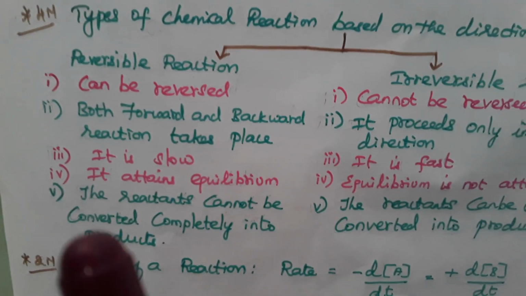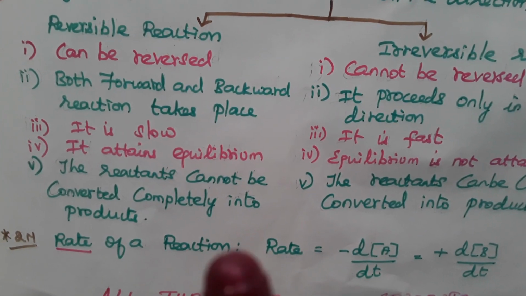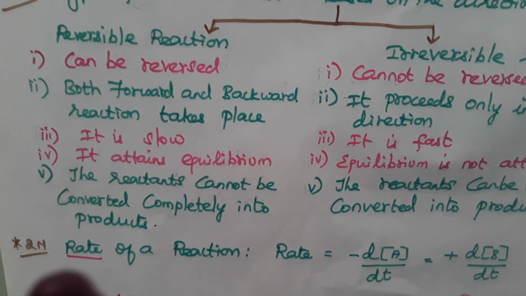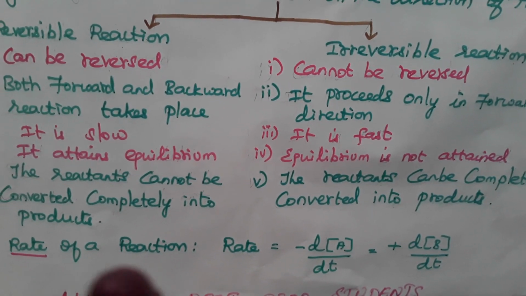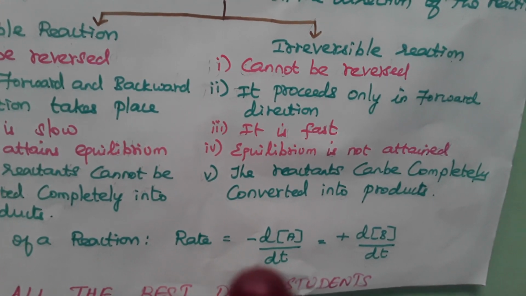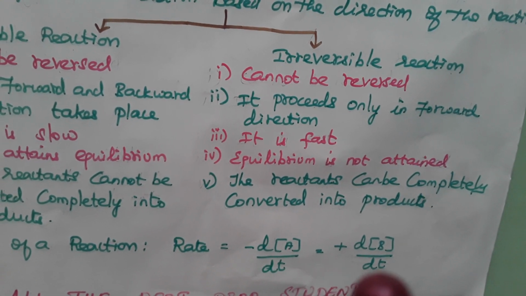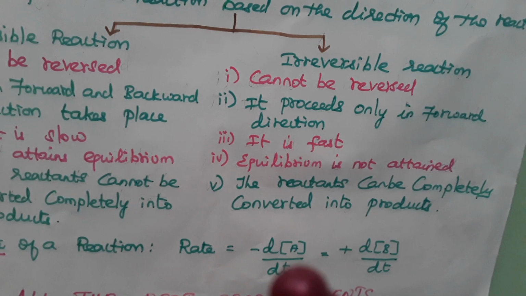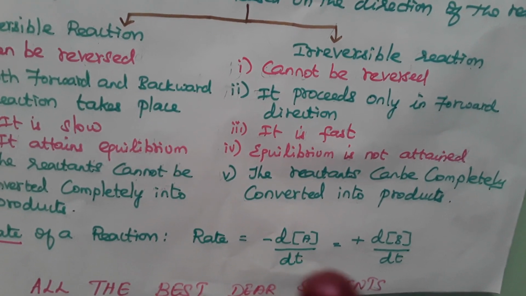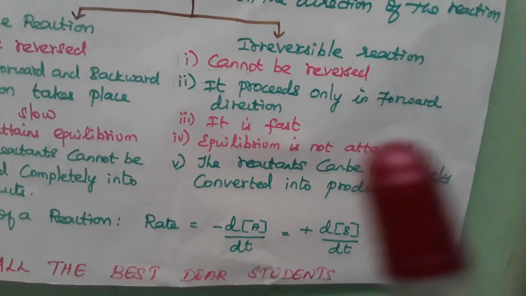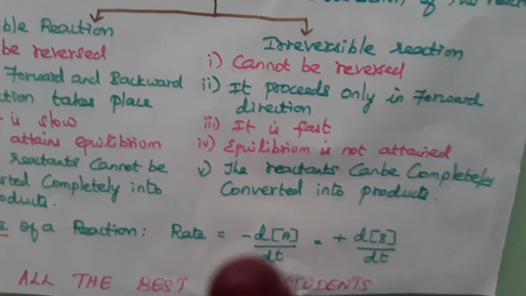Next, we will move on to the next topic, rate of a reaction, which is also an important 2 marks question. What is the rate of a reaction? Rate of a reaction is defined as the change in concentration of any one of the products or reactants in unit time. This is the formula for the rate of the reaction.